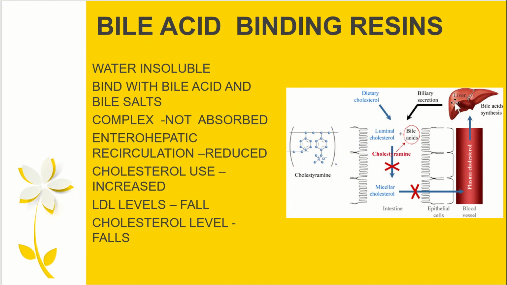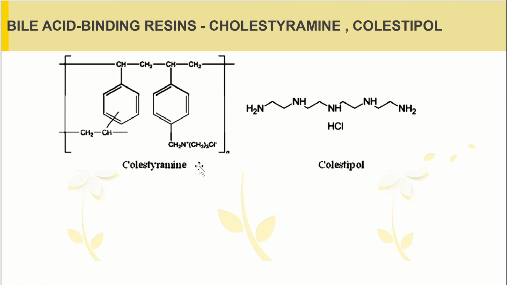So as we can see, this is how it normally works. The absorption is prevented by cholestyramine, which is a bile acid binding resin. As you probably would know, bile contains bile acid, which is critical for digestion and absorption of fats and other molecules.